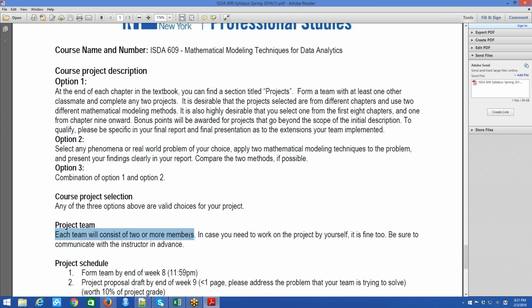Of course, if you want to work on something by yourself for any reason, maybe the schedule doesn't align with other students, or the specific interests that you have cannot find other students who would be interested in that topic, then you can do that on your own. That's not an issue at all, but we can discuss the possibilities of narrowing it down instead of scaling up the scope of the project.